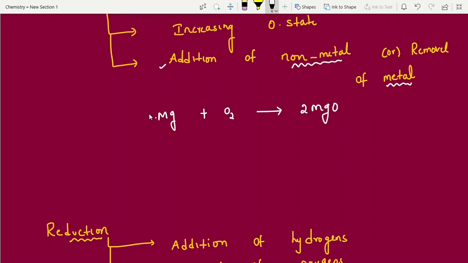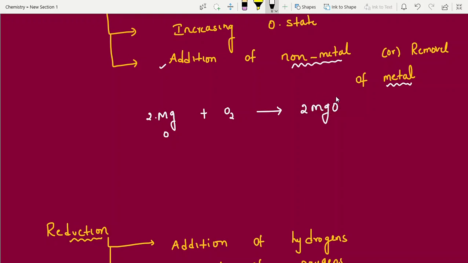This is 2, this is 2, right? This is the elementary state. In the previous video, part 1 of redox reactions, I had explained the rules. In that rule, I gave that for elementary state, native state, all the elements, the oxidation state is 0, right? Now, after that, here you can calculate. How to calculate here?